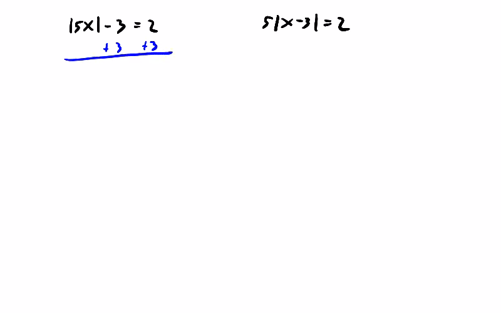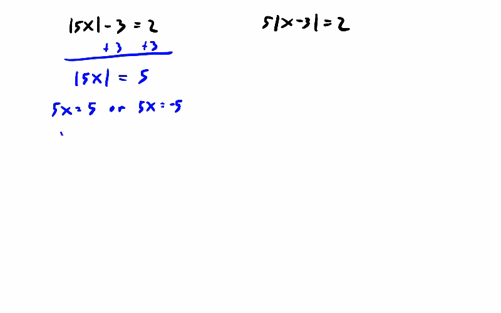So we will add 3 to both sides, and that isolates the absolute value of 5x, and we know that should equal 5. So now we know that 5x could be equal to 5, so when we take its absolute value it would be 5, or 5x could be negative 5, since its absolute value would still be 5.